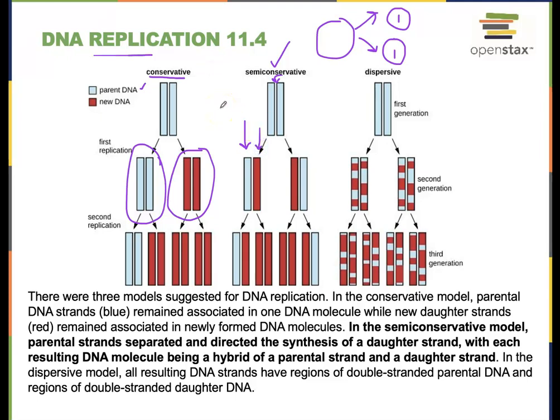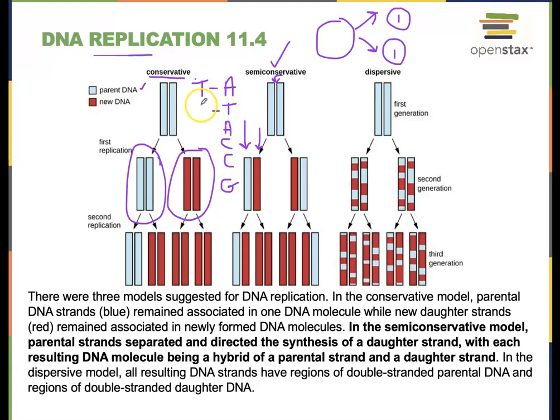So if we had a single strand of DNA, remember we have our A's, T's, C's, and G's. So let's just do a little strand of DNA, right? So let's say we have in one strand A, T, A, C, C, G, right? You know what the other strand is. You know that the other strand is going to be a T here, right? So if we were building a new molecule of DNA and we had just one strand, we would know the other strand because of that pair bonding rule.